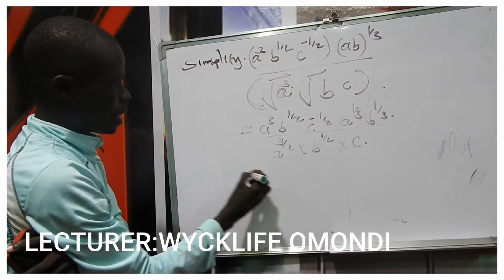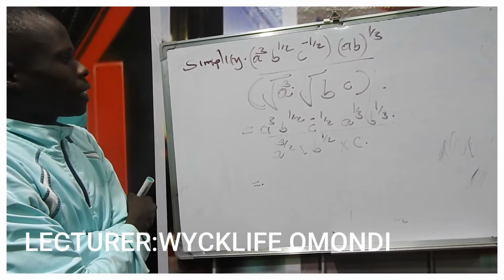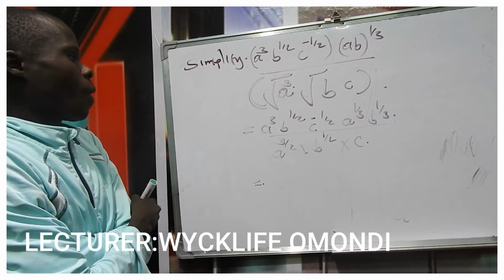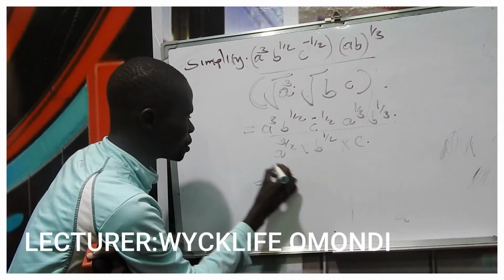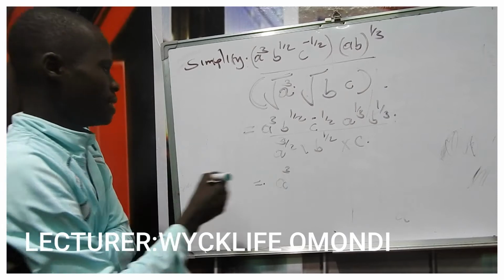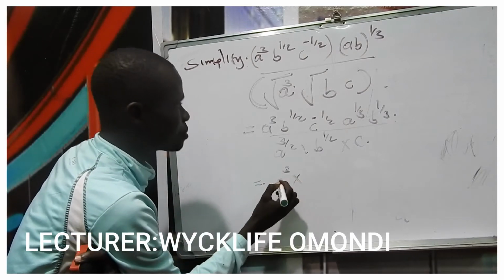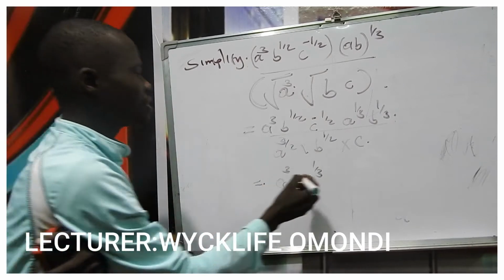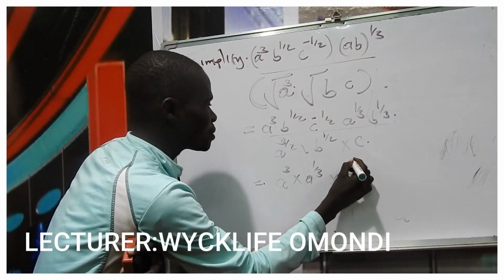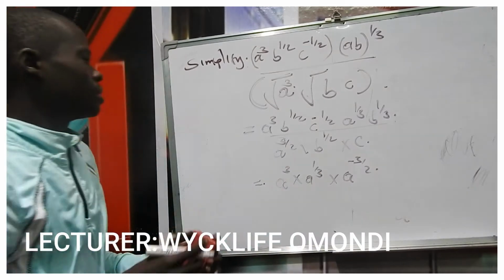The next step, we are going to collect the like terms of a. So we are going to have a raised to 3 times a raised to a third times a raised to negative 3 over 2.